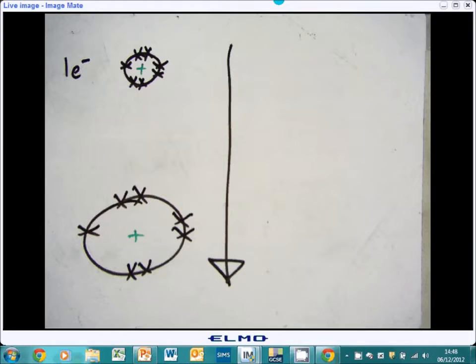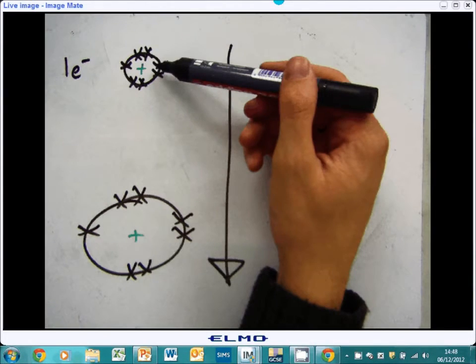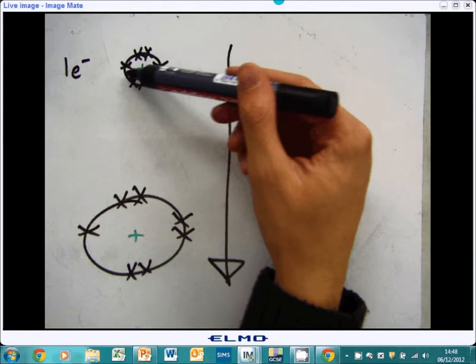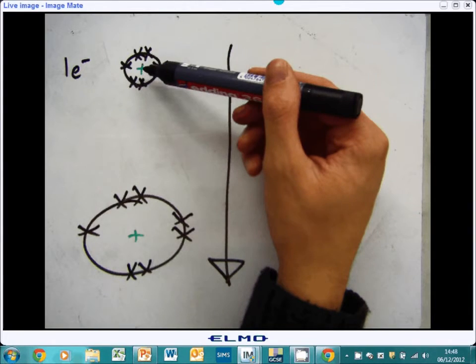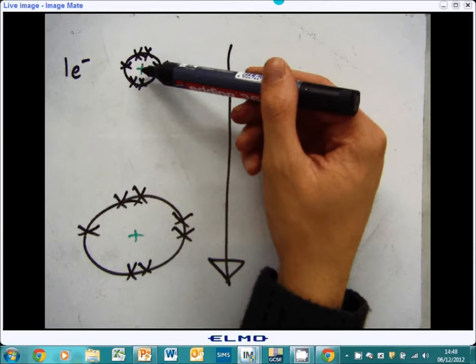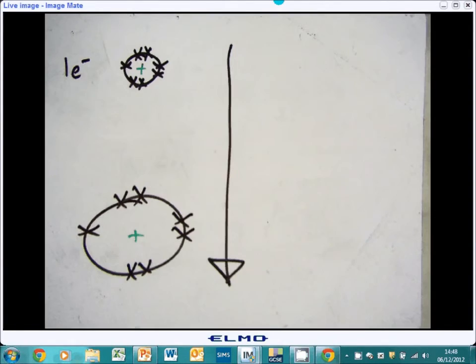What holds these electrons around the atom is the electrostatic charge, that force of attraction between the negative electrons and the positive protons. So if we have a look at the top atom here, the distance from the outer shell to the central nucleus with the positive protons is a lot smaller than if we have a look here. This gap here is much, much bigger.